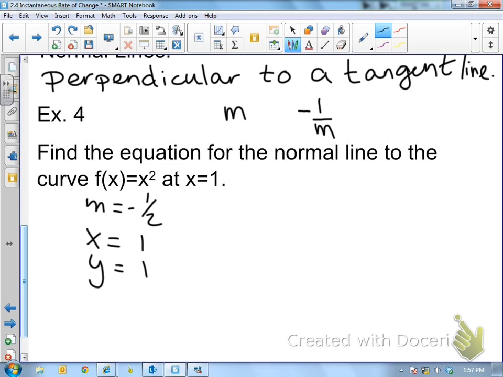Now a common mistake is to take the equation for a tangent line and just flip the slope there. But if you've already simplified, then you don't take into account that the slope changing changes some of your distribution stuff. So we kind of have to just plug it all in one more time. y minus 1 equals m times x minus 1. So we simplify again, we distribute.